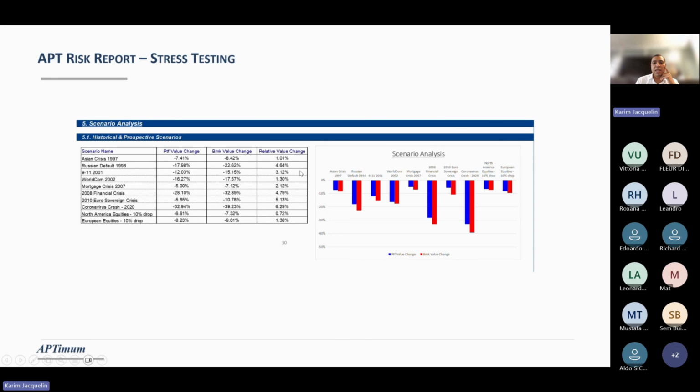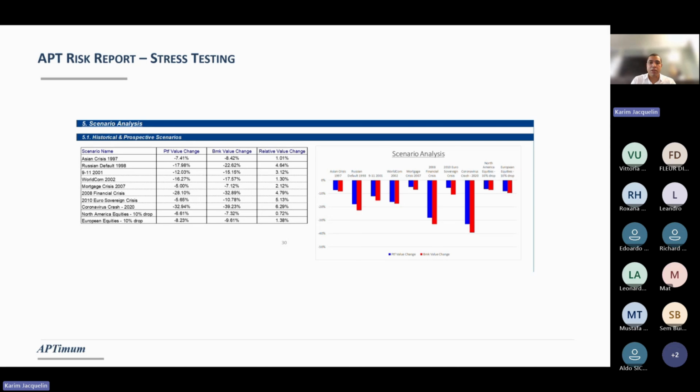In this case, you can see that under any scenario, the portfolio would have a negative performance, but would outperform the benchmark. And this is because the portfolio is more conservative than the benchmark. You remember that the beta of the portfolio to the benchmark was 0.8. So this means that the portfolio is more conservative.